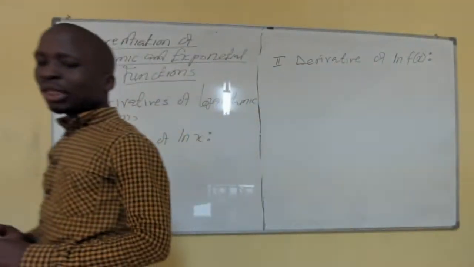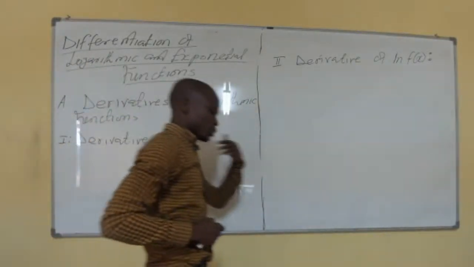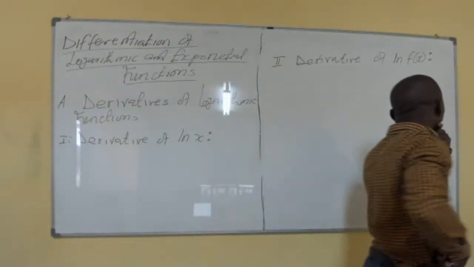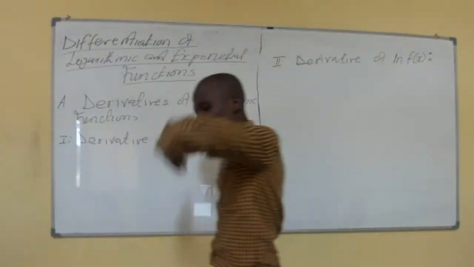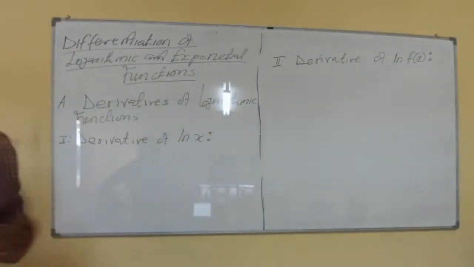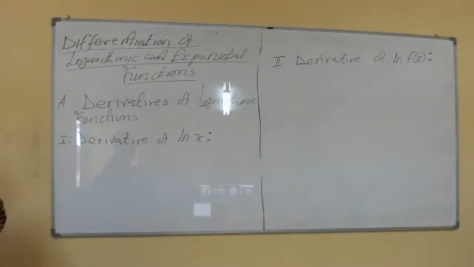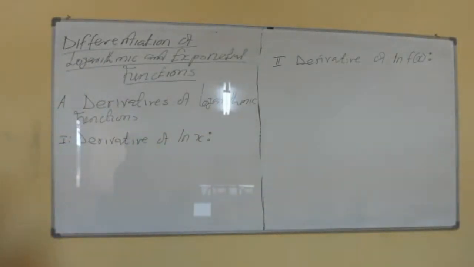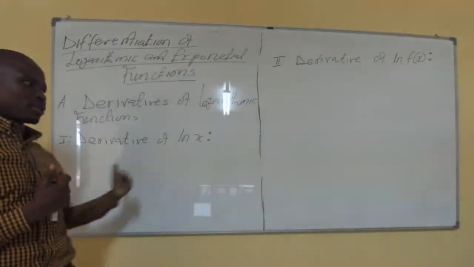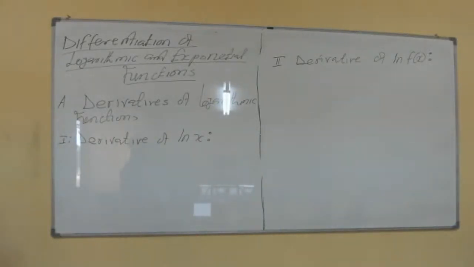They used implicit differentiation to come up with the derivative of ln of x, and also ln of f of x. However, for now, I'll just ask you to understand it from the layman's point of view by inspection. You just need to remember it, just need to understand it. If I start going through each and every step of how they came up with that derivative, it might take time. So in short, we just need to see how we can handle this situation.